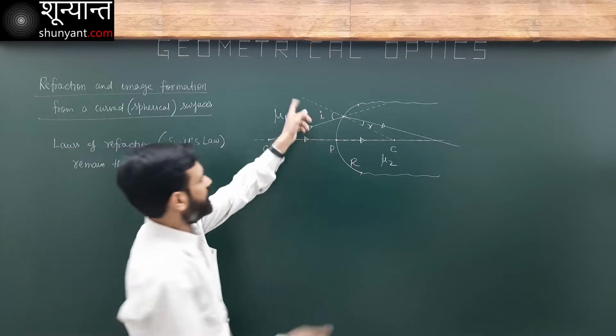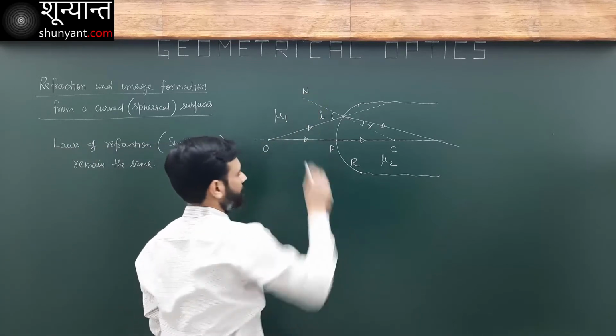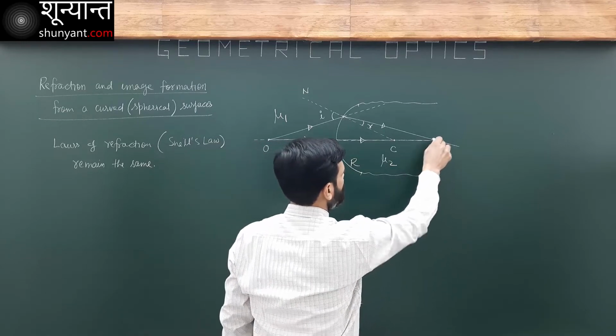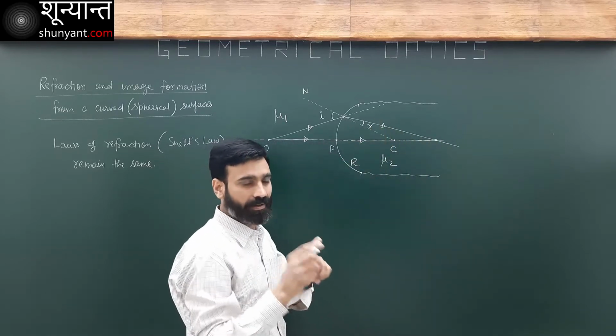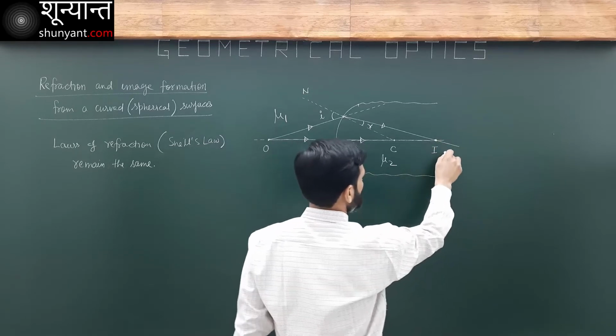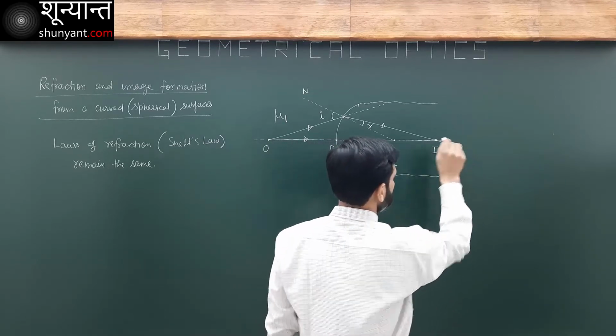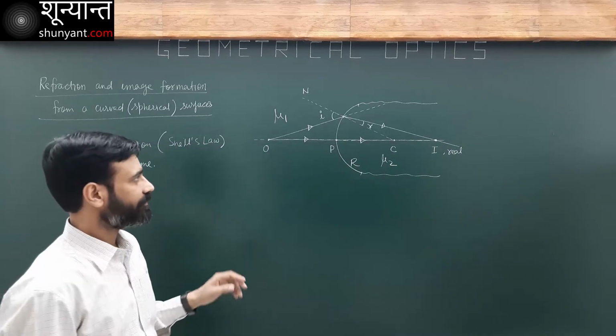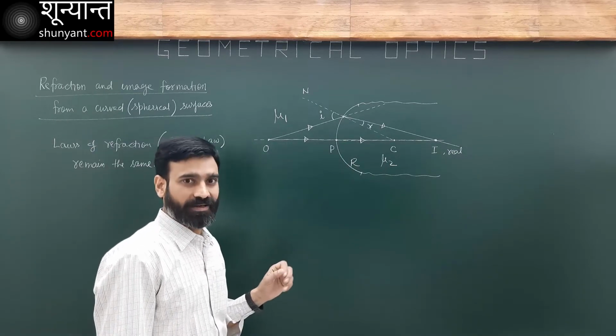This is my normal line. At this point, two refracted light rays meet. This is the point where I get an image. In this particular case, it is a real image. I'm going to get a real image. Okay, do you understand this?